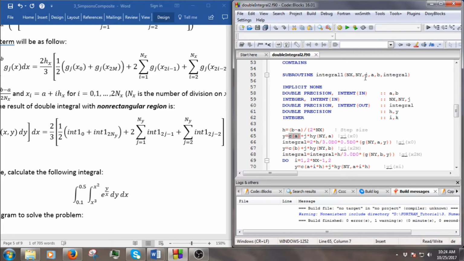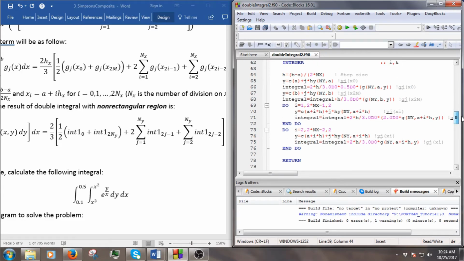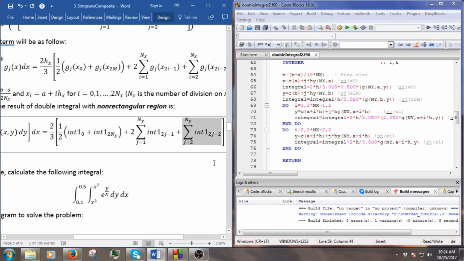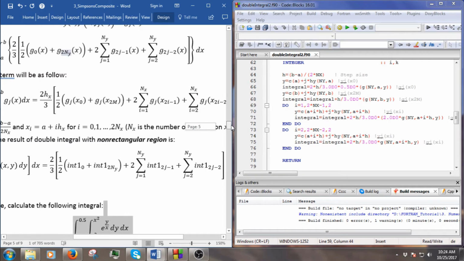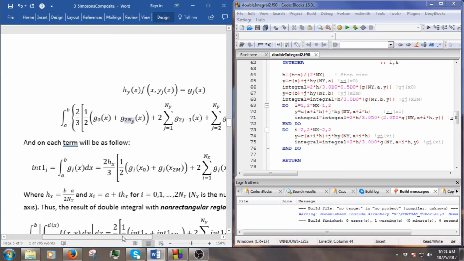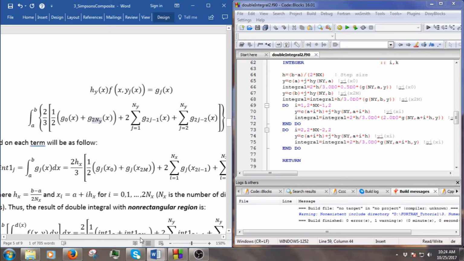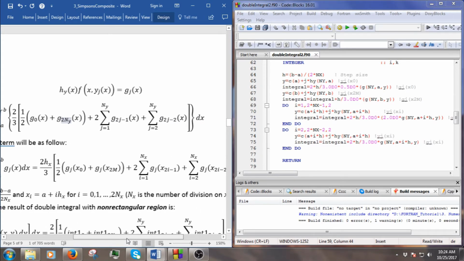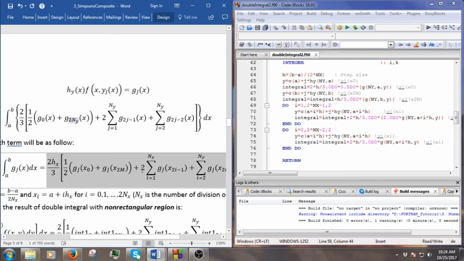So in this case, we introduce g and y variables here. The difference between the rectangular and non-rectangular region we can observe as well from this expression.